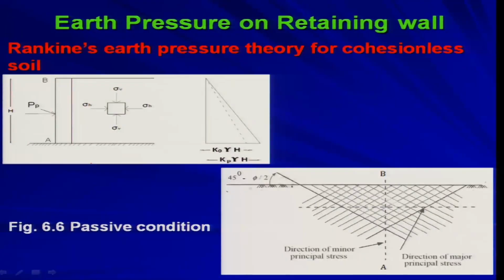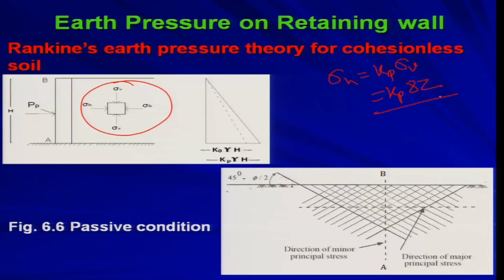Now, talking about the passive condition, at that time also we are considering this state of stress. One soil element we are considering here, and your sigma h is equal to Kp into sigma v, which is nothing but Kp into gamma into z. Now you see this dotted line is the earth pressure at rest condition.